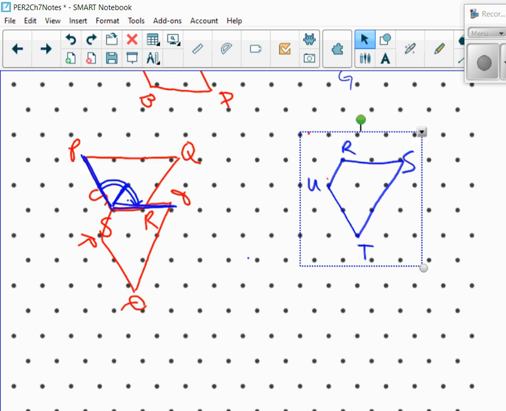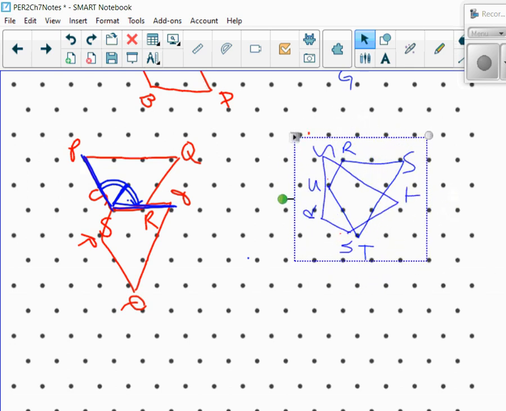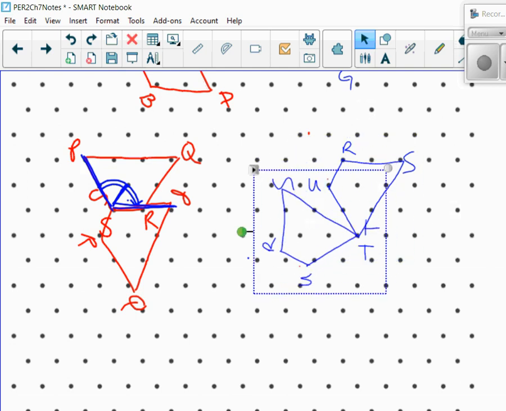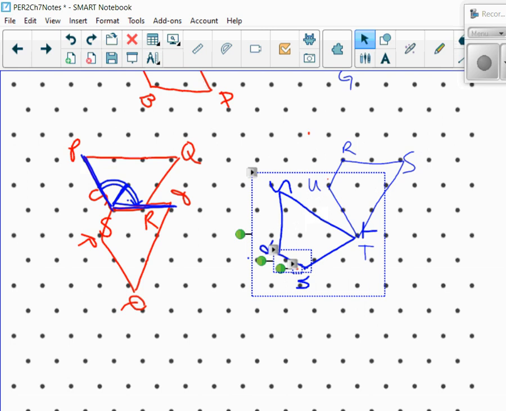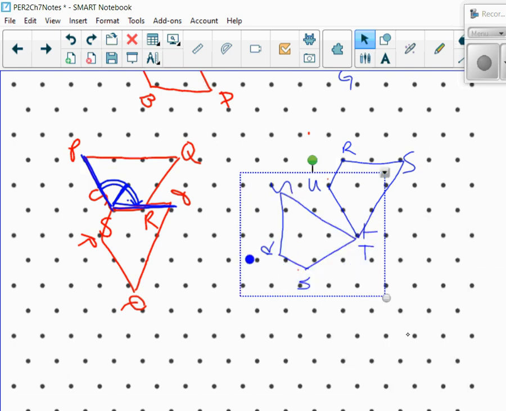1, 2, and that's 3. It's not lined up, darn it. Gotta group it again. I don't know why it ungroups it.